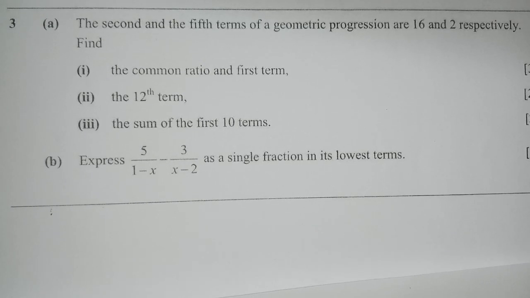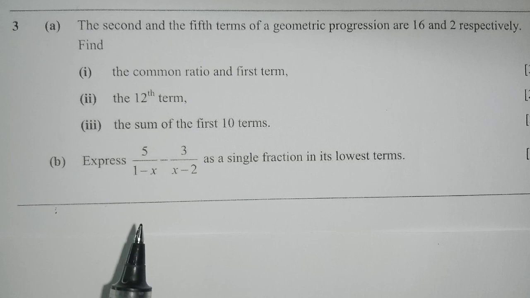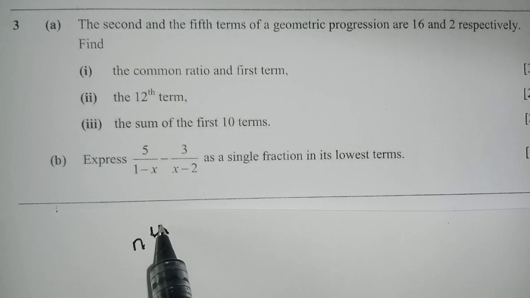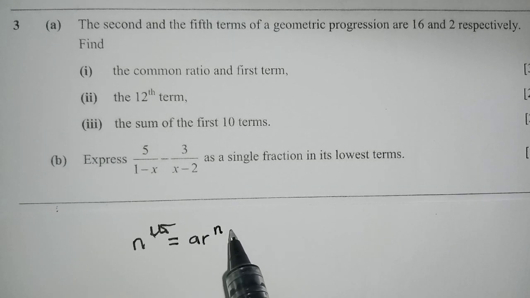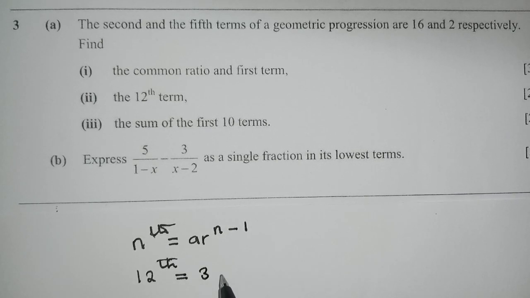The next question, they want us to find the 12th term. So for the 12th term, we use the same formula for finding the term. We write the 12th term, because this is what we are looking for, is equal to our A, we found 32. Our R was 1 over 2.